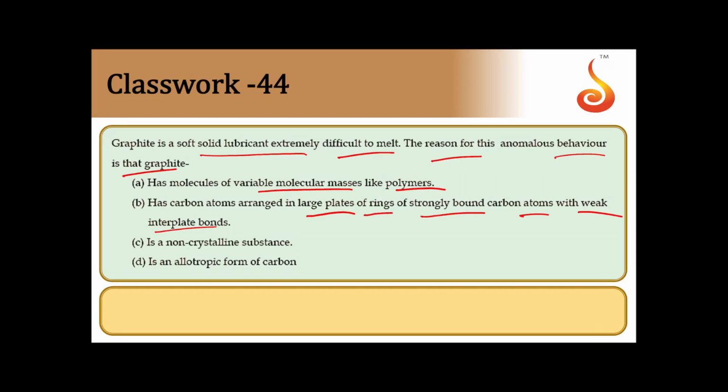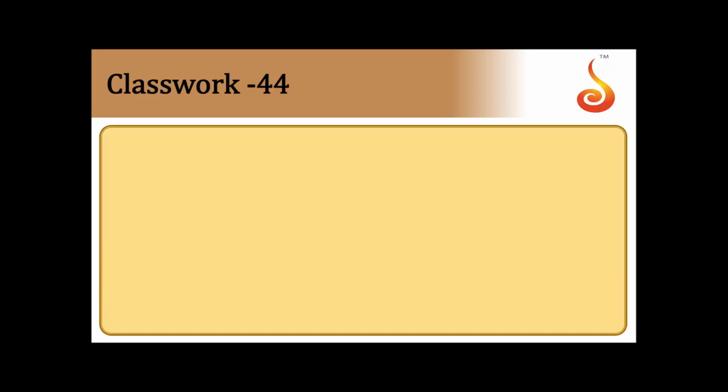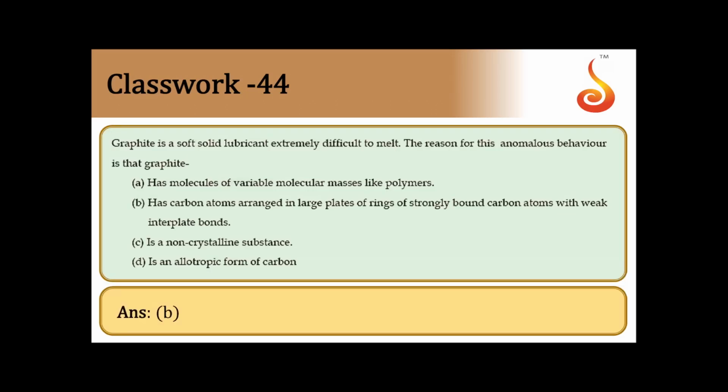So here the carbon-carbon bonds are very strong in the hexagonal rings. But rings are held by weak interparticulate forces, thereby used as a lubricant. So answer is option B. 44, option is B.